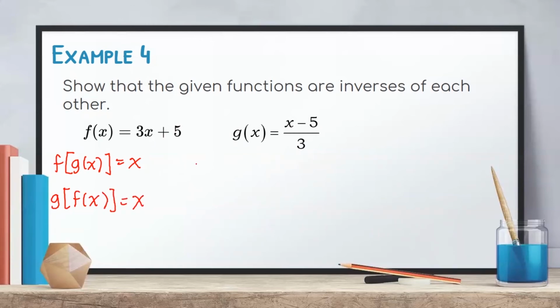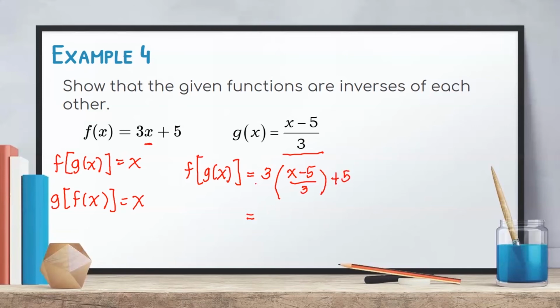So therefore, for the first one, f of g of x, what we need to do is to substitute g of x to the x of f of x. So we will have 3 times x minus 5 all over 3 plus 5.